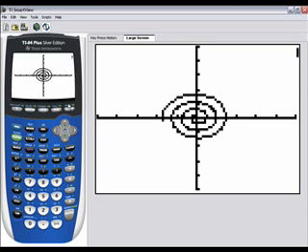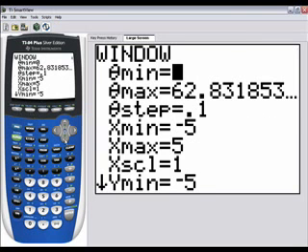So here comes our spiral. We get 10 revolutions. It's taking a little while, so I'm going to press on to stop it. You can see in the upper right corner there it's stopped now. If I go back to the window, instead of making it 0.1, I make it 0.01, I'm going to get a smoother spiral, but it's just going to take forever for it to work.